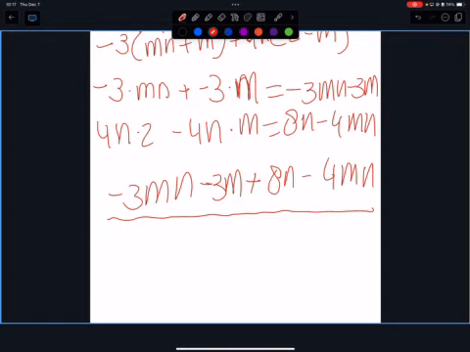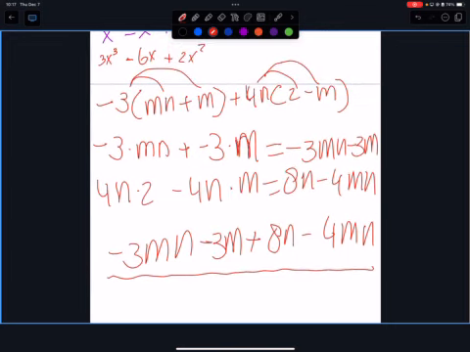Which has only m? Remember, you cannot add m with mn. It doesn't go. It has to stay the same. M stays, there's no more m, so that's it. N, more n's, no. That's the only one. It stays like that. Only these two go together.